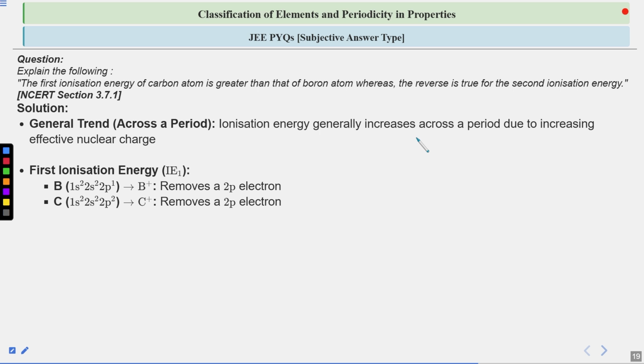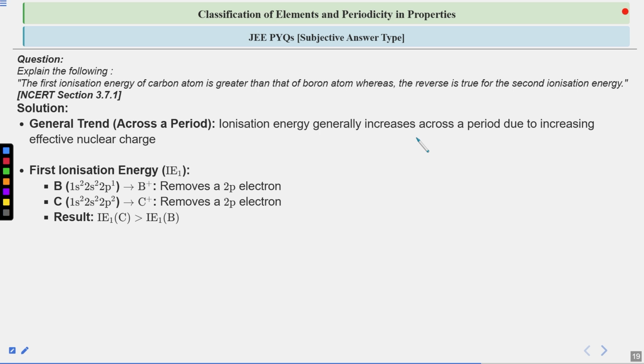It is 1s2, 2s2, 2p2. Again, we have to remove a 2p electron. Therefore, you can come up with the general trend that the first ionization energy of carbon will be greater than that of boron. The reason behind it is that carbon has a greater effective nuclear charge.